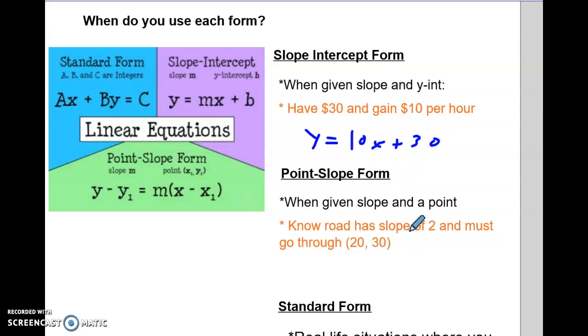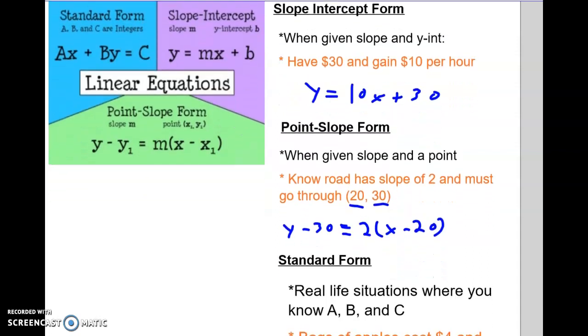Okay, versus the second case, we know the slope, but we don't know the y-intercept. So it would take a little more time to write it in y equals mx plus b form. So if we have point-slope, we can just use the point and the slope, and we can do y minus y little 1 equals slope of 2 times x minus the x coordinate that it's given us, which is 20. Right, so boom, we're done without having to figure out the y-intercept.